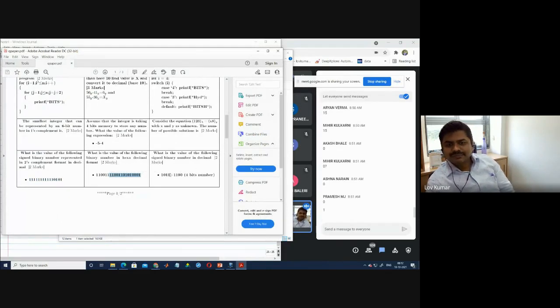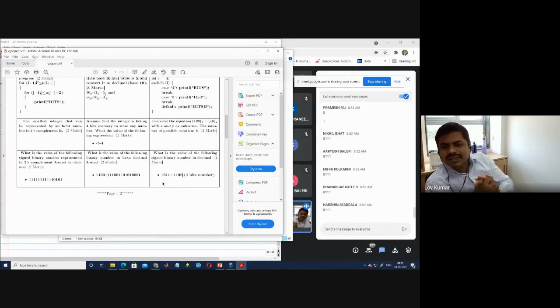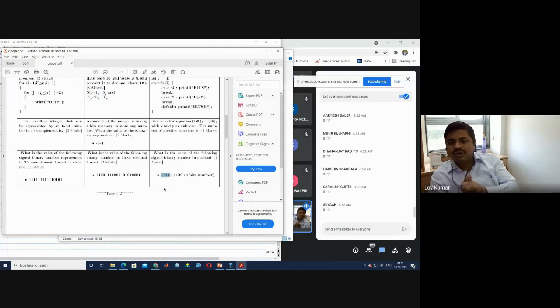Now, if you add these two numbers using sign magnitude, what answer will you get? If you write 1011 and 1100, and I assume these are sign magnitude numbers, what value will you get? First tell me, what is the decimal value of 1011 in sign magnitude? It is minus 3.